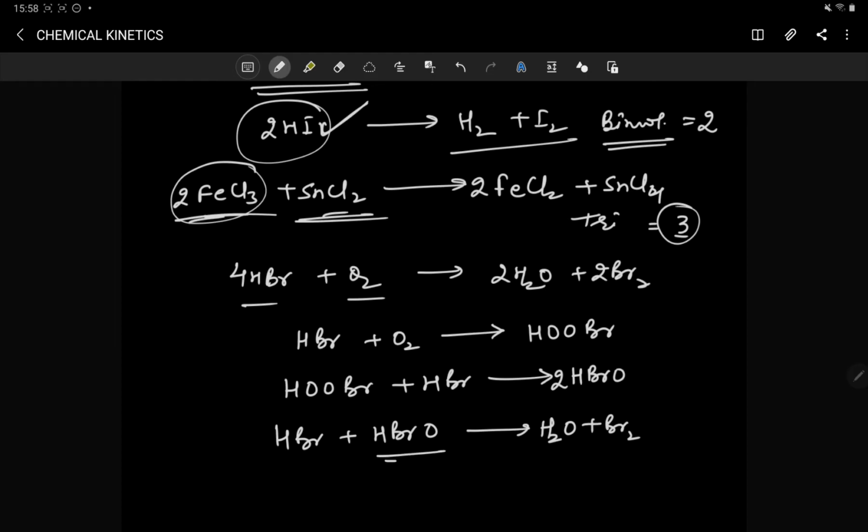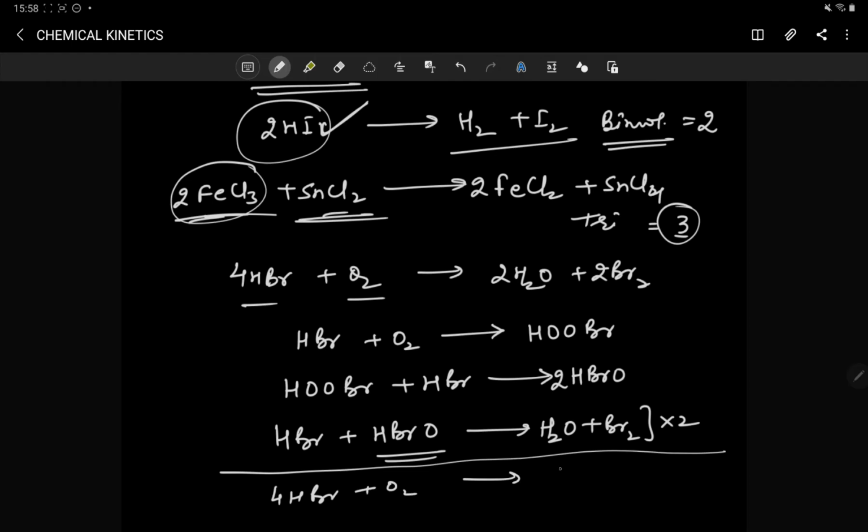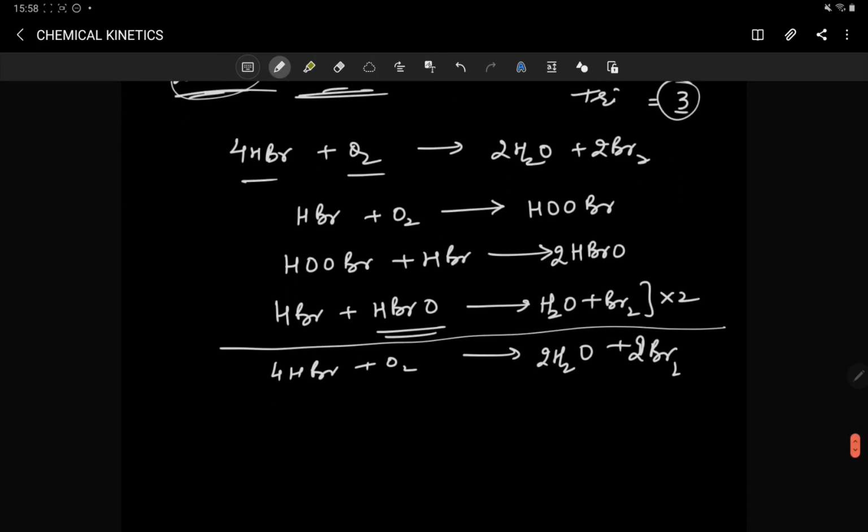To balance this, for the intermediate HBrO we are multiplying it by 2, and that is how the overall reaction will become 4HBr plus O2 gives 2H2O plus 2Br2. That is how the reaction is taking place in more than one step.